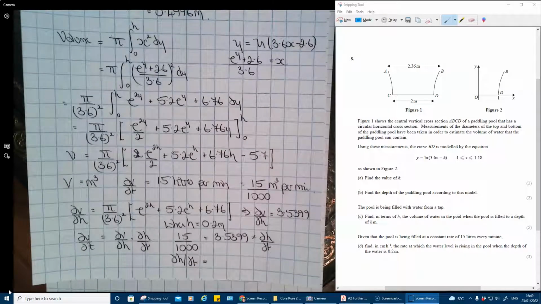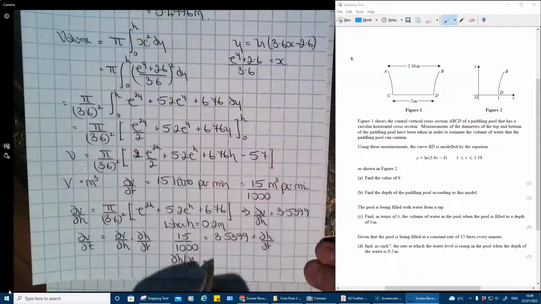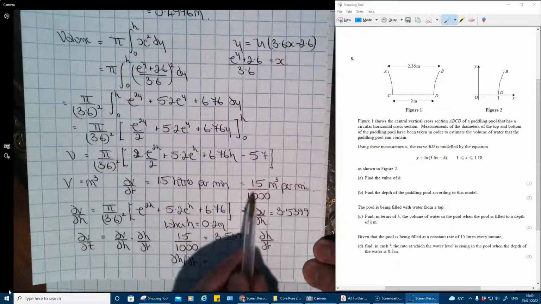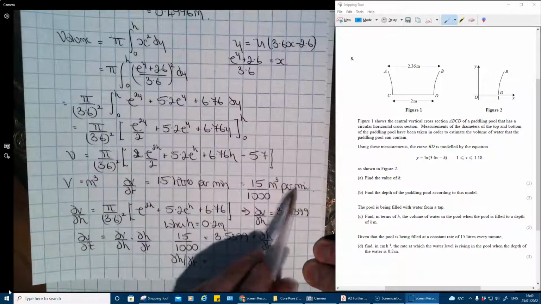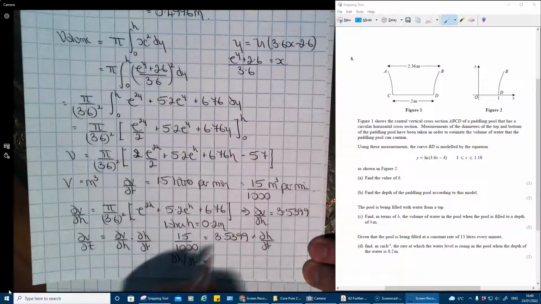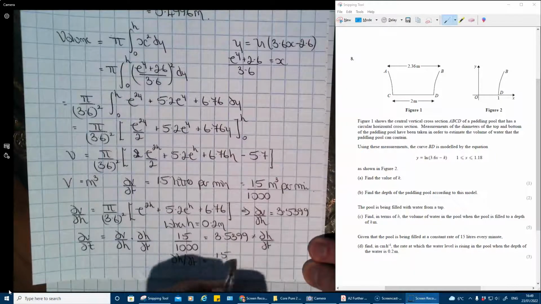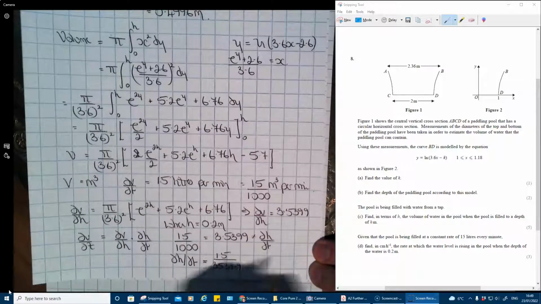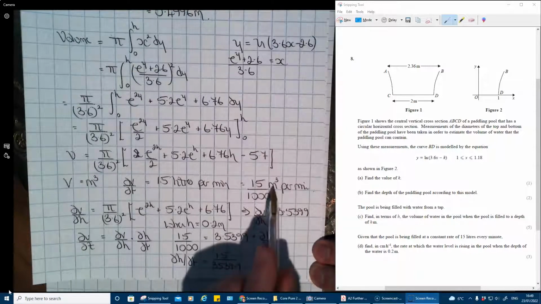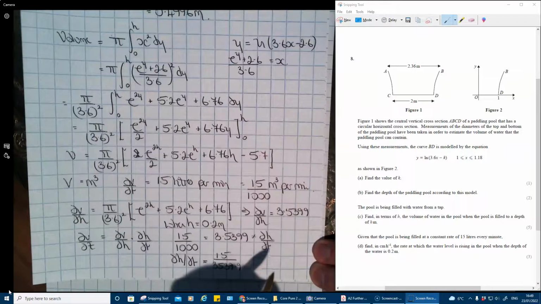Okay, so this gives me an answer that's in meters per minute, because I've been working in meters and minutes. So I've got 15 over 3539.9. Remember, this is meters per minute, and I want the answer in centimeters per hour.